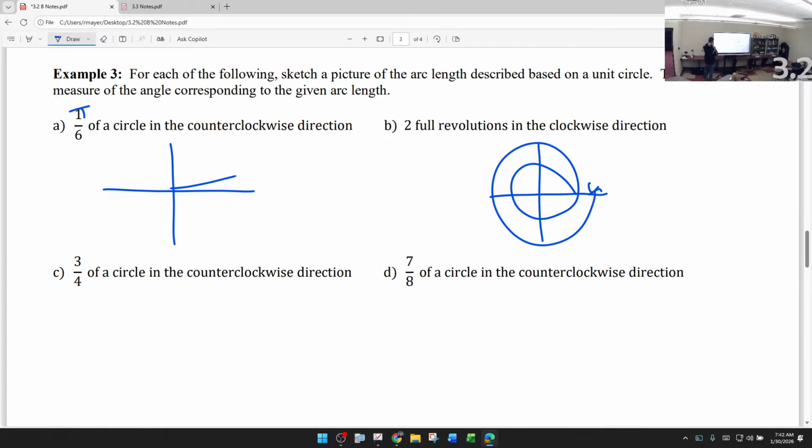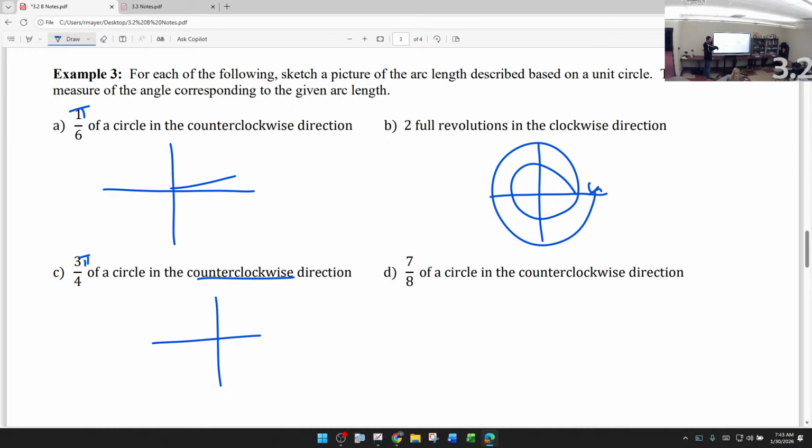3/4. Again, I wish it was 3 pi over 4. You know it's 3 pi over 4 rather than 3/4. So y-axis, x-axis. It says counterclockwise, so that is important because 3/4 counterclockwise is different than 3/4 clockwise.